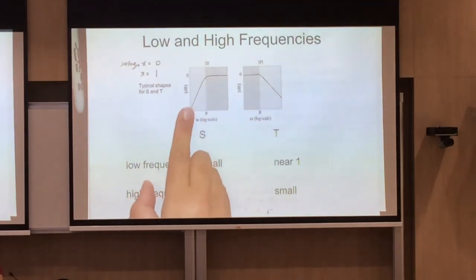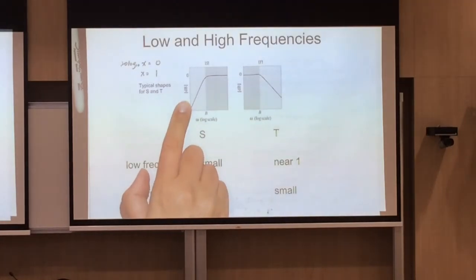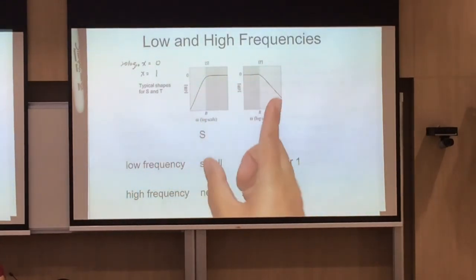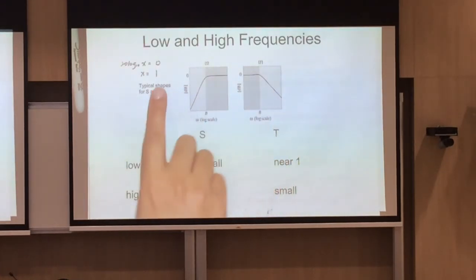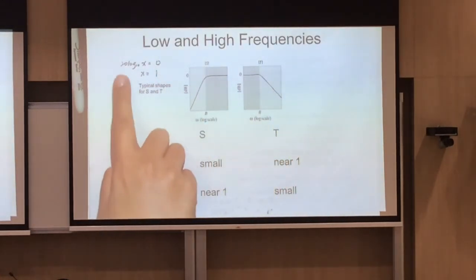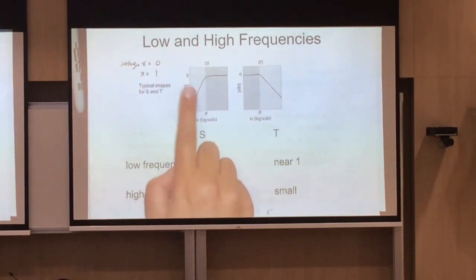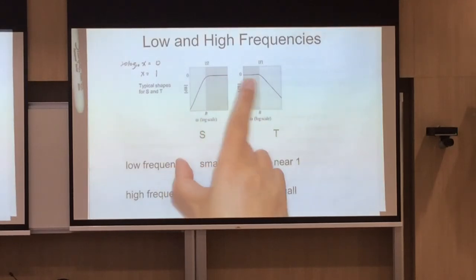So in dB scale, S was supposed to saturate at 1, and T starts at 1 and goes to 0. In dB scale, 1 is 0, because 20 log base 10 of x is 0 when x is 1. So that's why it starts at 0 instead of 1.